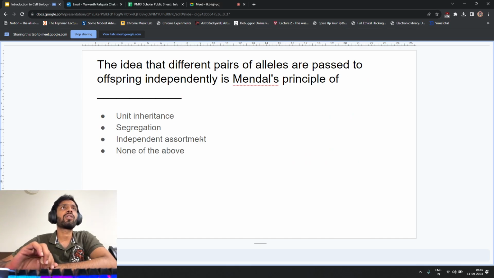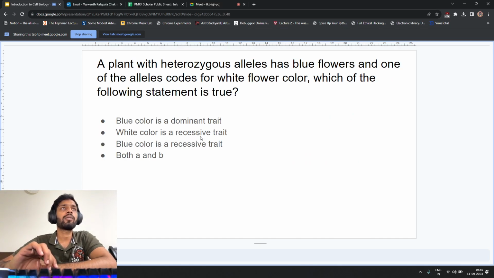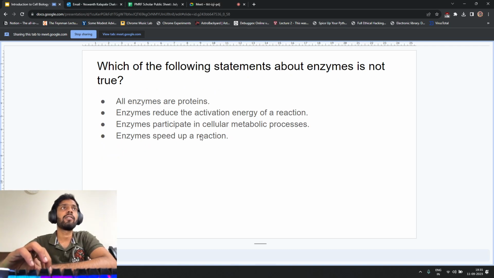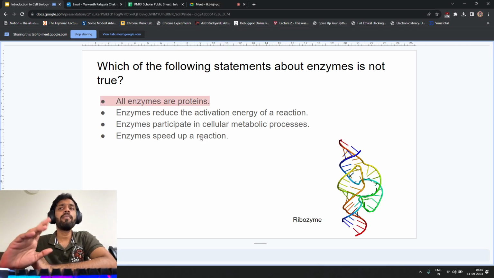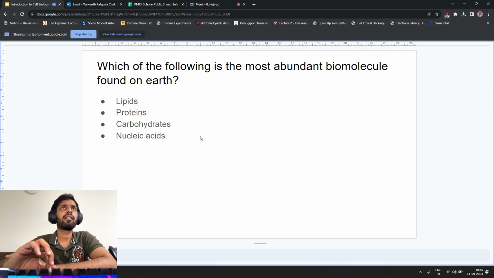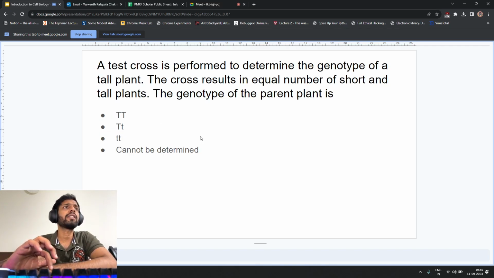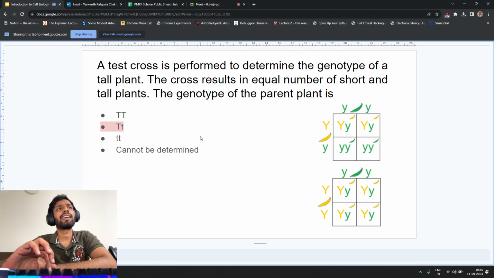And we've talked about independent assortment, and we've looked at dominant and recessive traits, and we've talked about the one enzyme that's not a protein, which is ribozyme, and carbohydrates being the most abundant biomolecule found on Earth. And again, we've talked a little bit about what a test cross is.